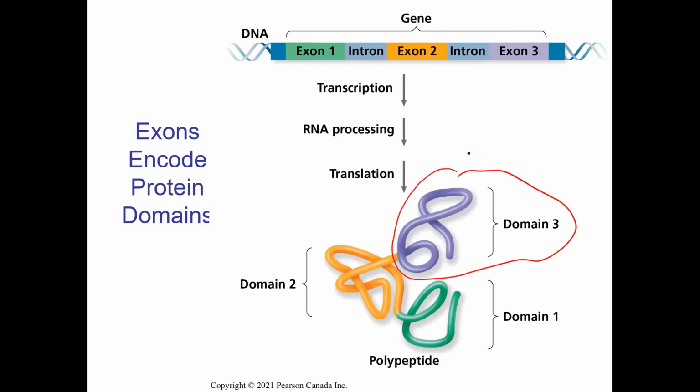You can see we've got domain 3 here coded by exon 3. We've got a second domain coded by exon 2. So this is a way for proteins sometimes, where you can have one gene and actually get different proteins out of this depending on which exons are actually used. So it's kind of interesting. We've seen this a number of places in the biological world.